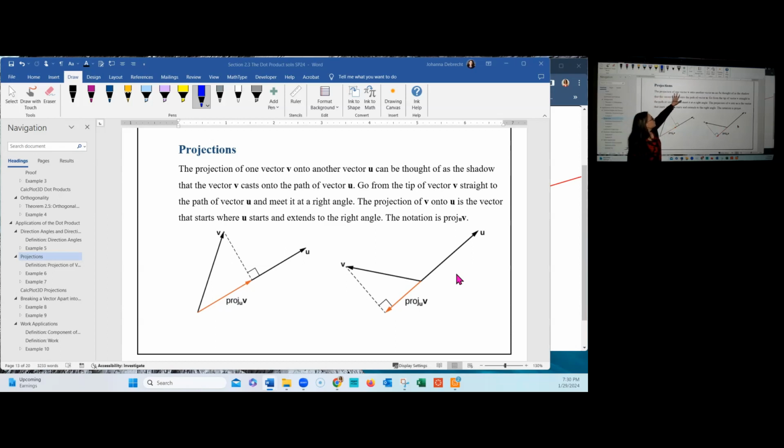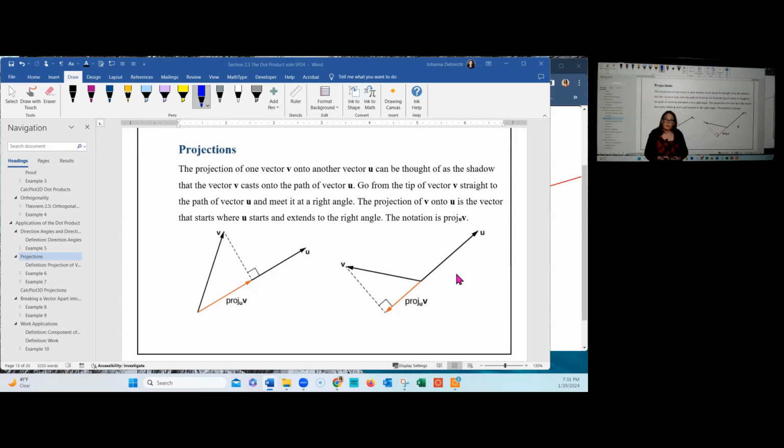So the projection of one vector v onto another vector u can be thought of as the shadow vector v casts onto the path of vector u. So notice in this case that vector u actually starts here and goes this direction, and the projection, which is written Proj subscript u, and then v back on the line, this is the projection of v on u.